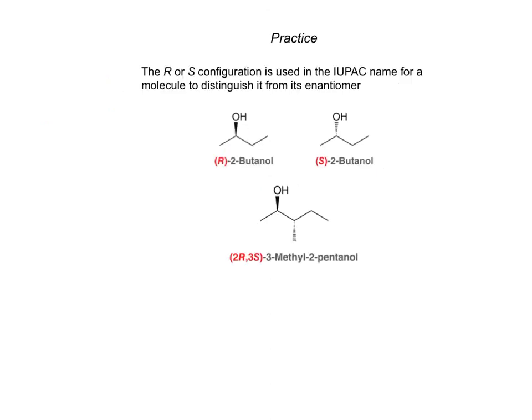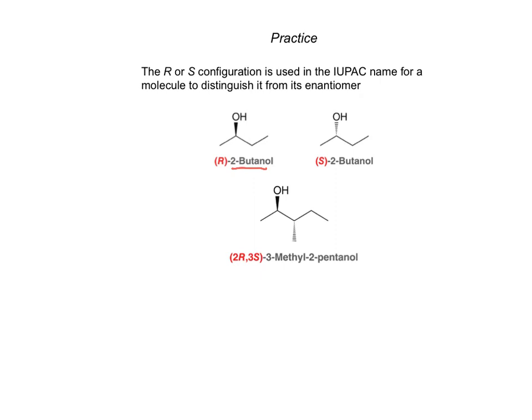Okay, so then finally, last little bit here, we're going to integrate this into our nomenclature rules, right? So again, when we talk about these enantiomers, let's take this 2-butanol as an example. These stereoisomers or enantiomers are molecules that have the same molecular formula and the same connectivity of atoms, but they differ in their arrangement of atoms in three-dimensional space, right?